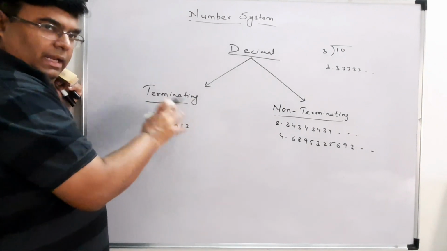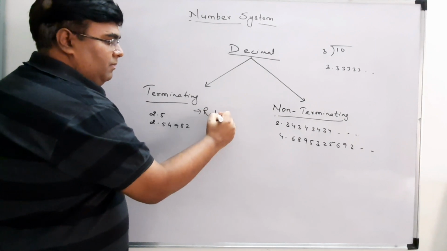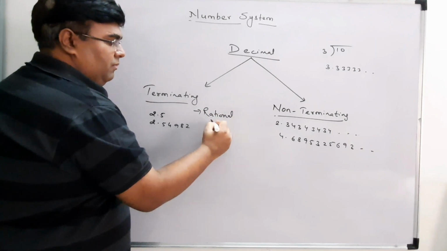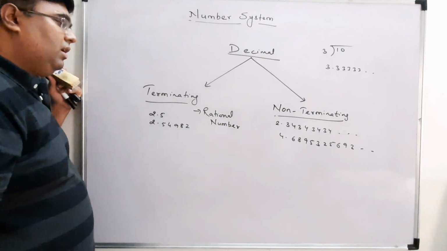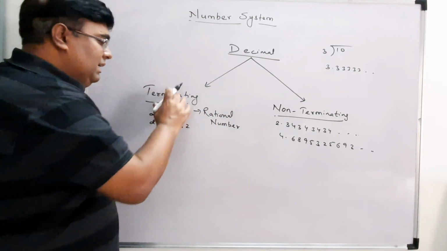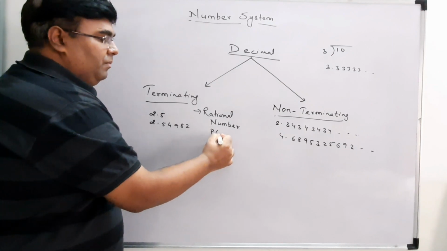This terminating decimal, this is my rational number. We can always write a terminating decimal in p by q form.